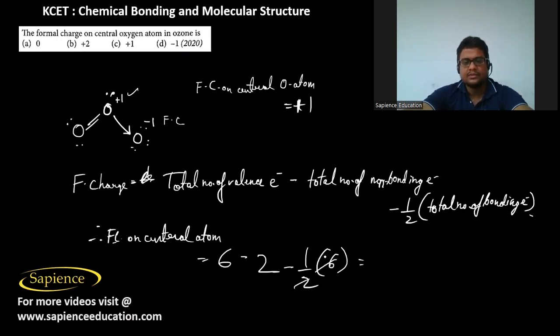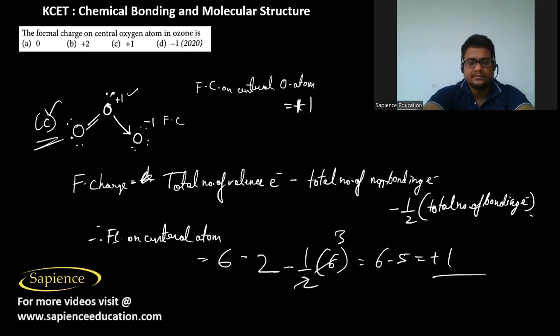So it will be 6 minus 5, that is equal to plus 1. So option C is the correct answer.